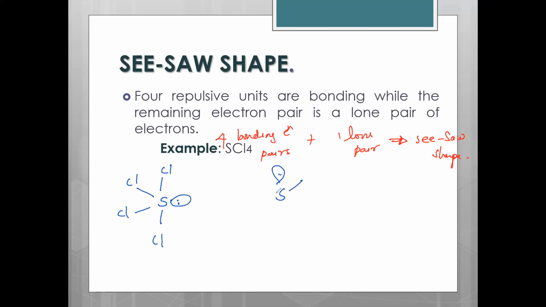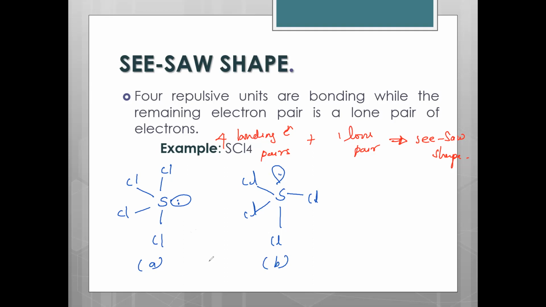This is another possibility. So when you have four repulsive units along with one lone pair, there are two types of possibility. Here we are speaking of A and B, right?